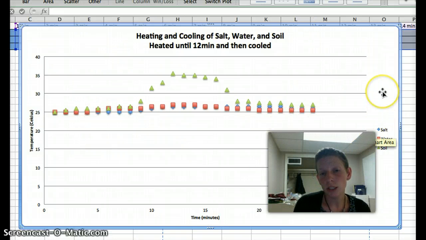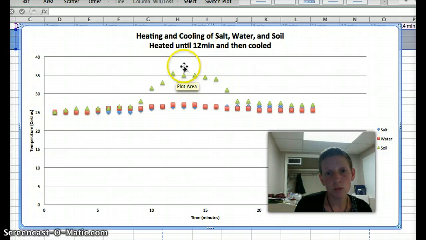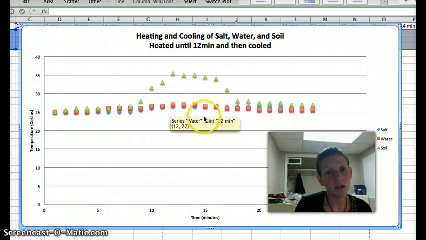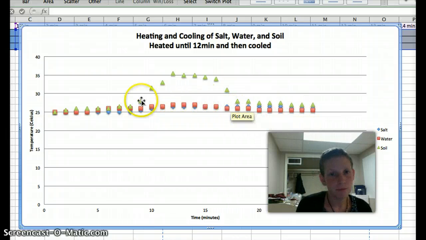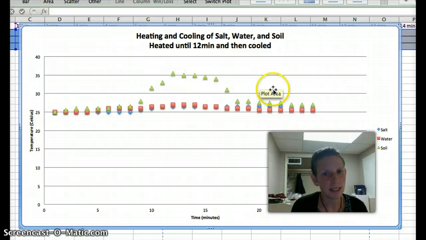You should be familiar with this graph by tomorrow and understand that the soil really changed the most in absorbing and cooling, whereas the water and salt, they maintained a pretty steady level. Yes, they did rise a little bit, but it wasn't as drastic as the soil.